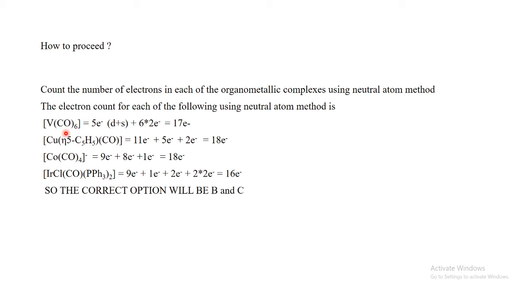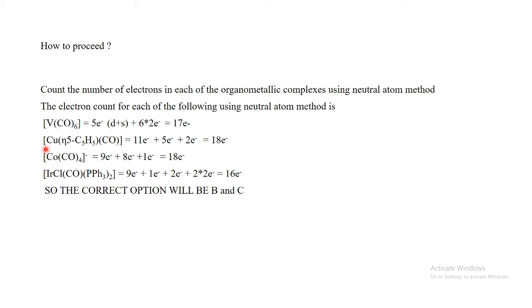The hapticity of the cyclopentadienyl ligand is 5, so in the neutral atom method it donates 5 electrons. Along with it, we have one carbonyl ligand, which donates 2 electrons. So we have a total of 18 electrons for this organometallic complex.